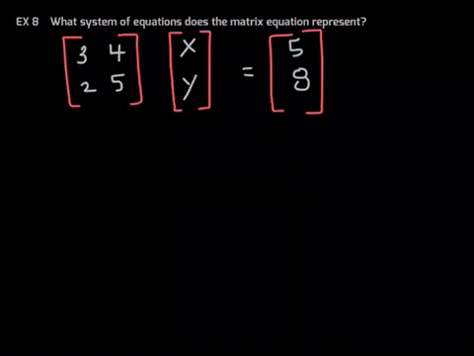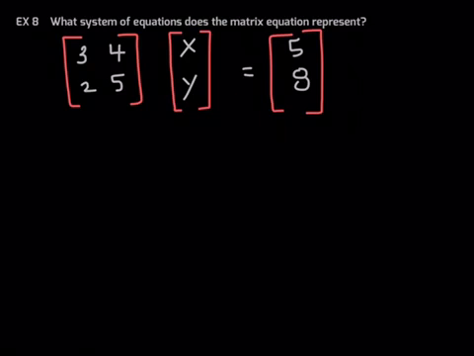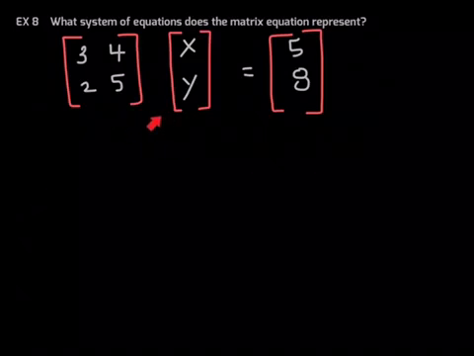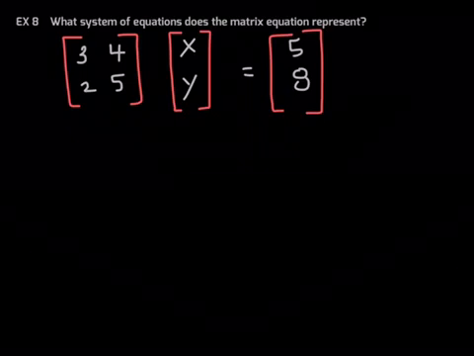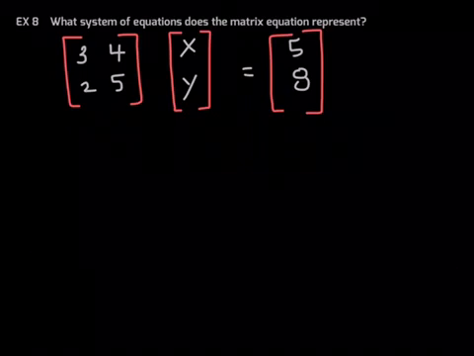All right, you guys. Example 8 says, what system of equations does the matrix equation represent? So let's think about this. You have a product of matrices here, right? Is this multiplication defined? Well, let's think.